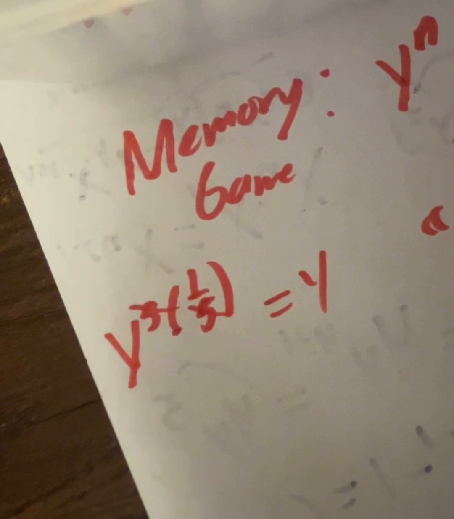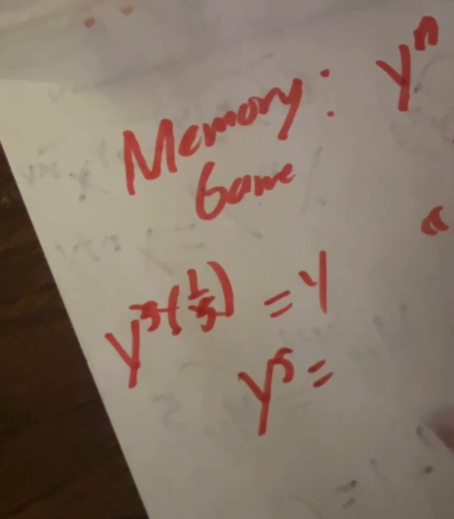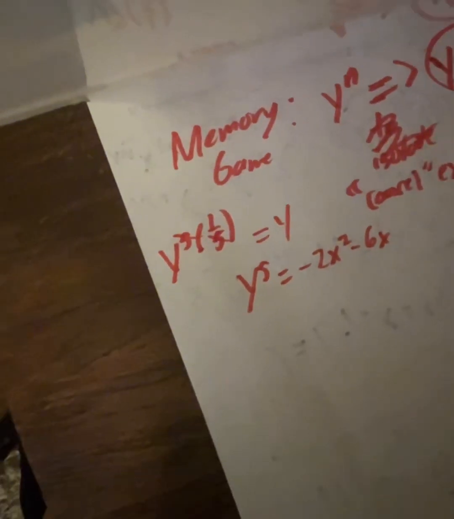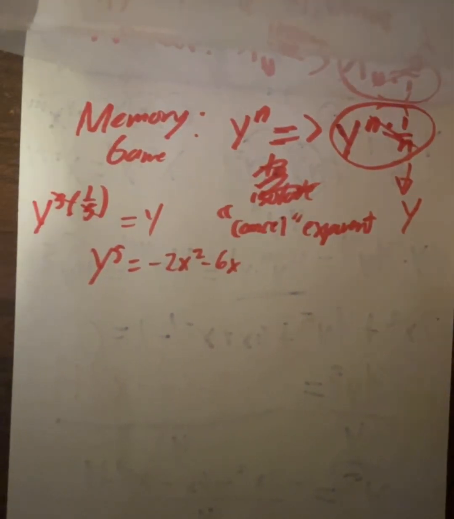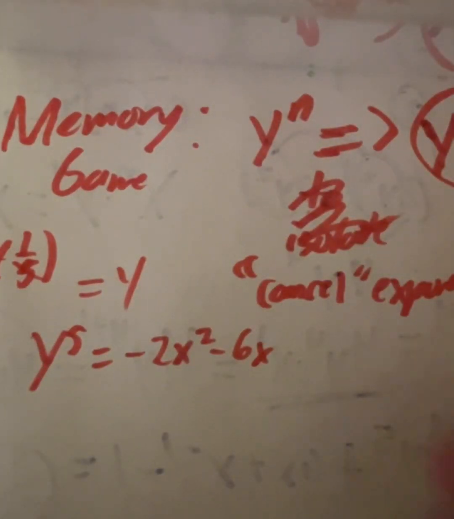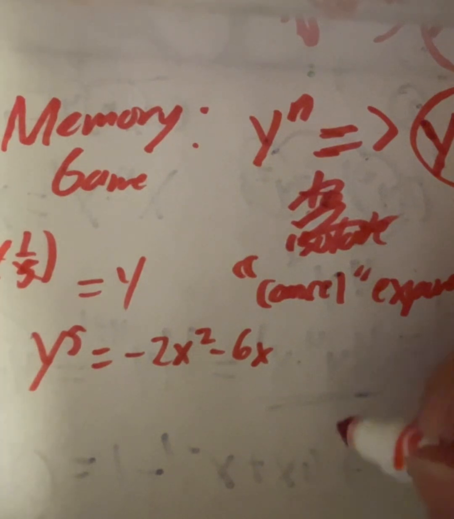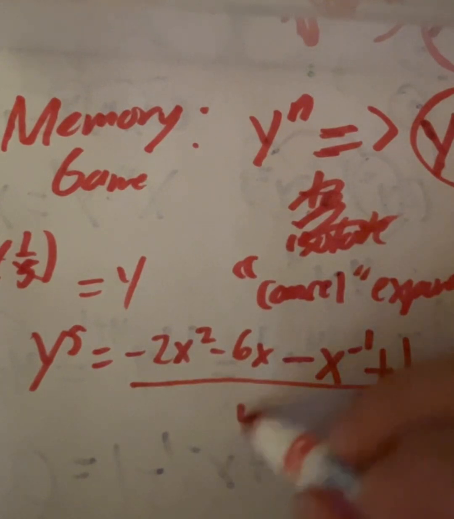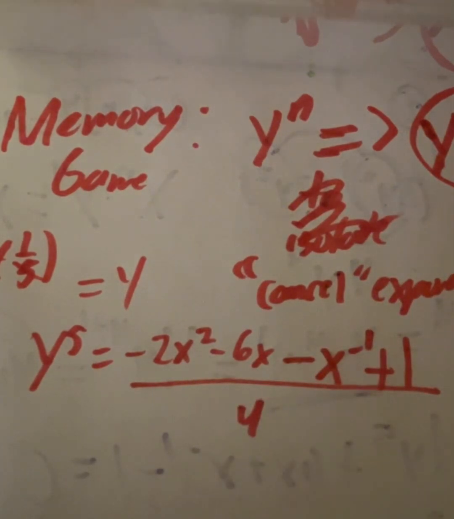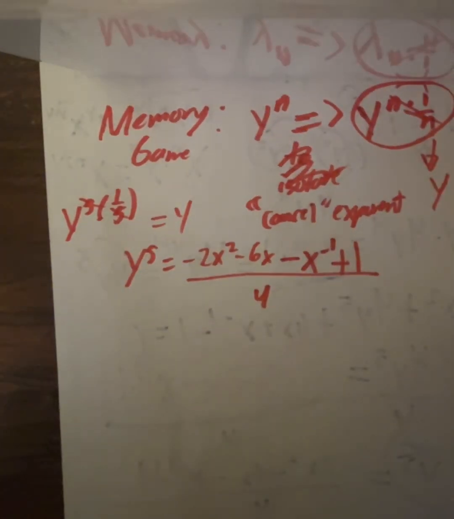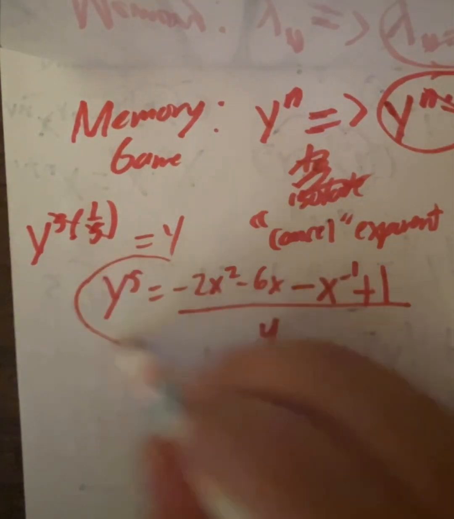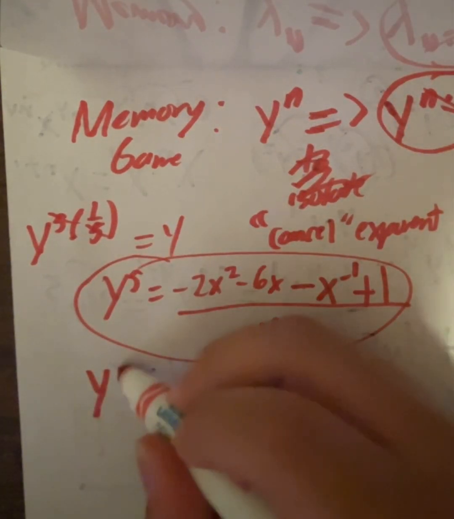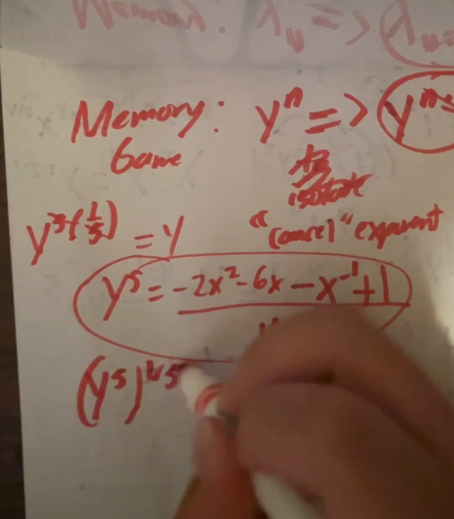And so, since we have y to the 5th equals negative 2x squared minus 6x, oh, sorry, right here. Since we have y to the 5th equals negative 2x squared minus 6x minus x to the negative 1 plus 1, all over 4, we can just take this to the 1/5 power like this.